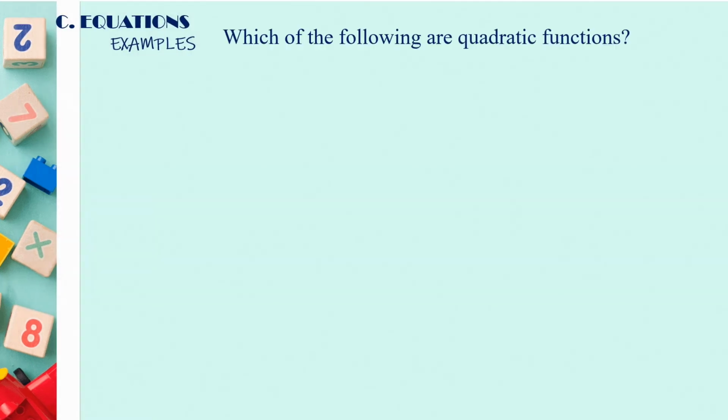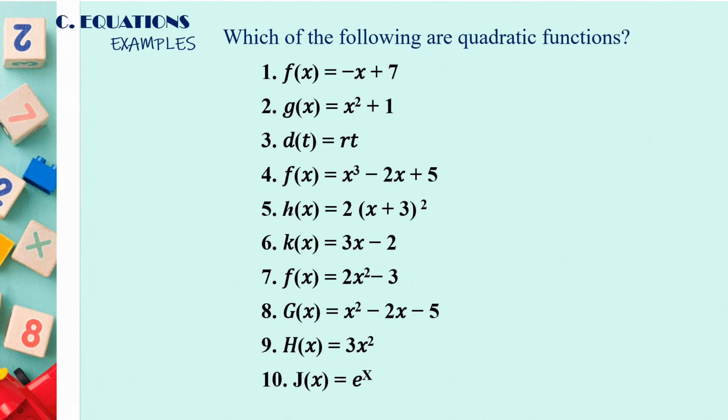Let's have an example. Which of the following are quadratic functions? So, you can also pause and play this video while trying to observe which of the following are quadratic functions. Number 1 is not a quadratic function. Number 2 is a quadratic function because the degree is 2 even if it has no linear term.